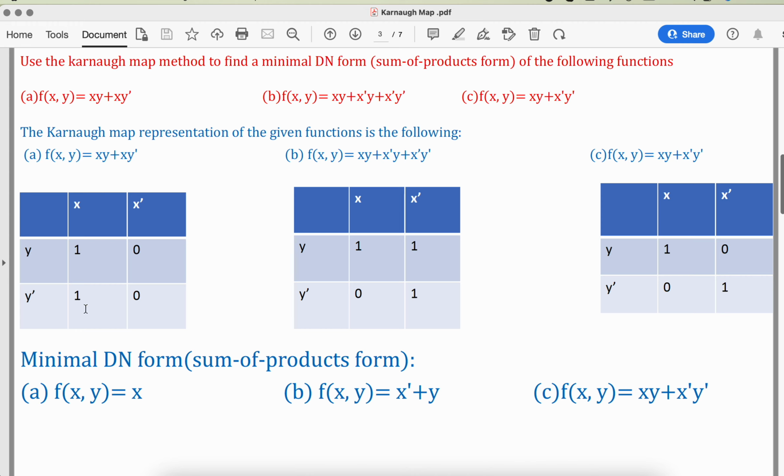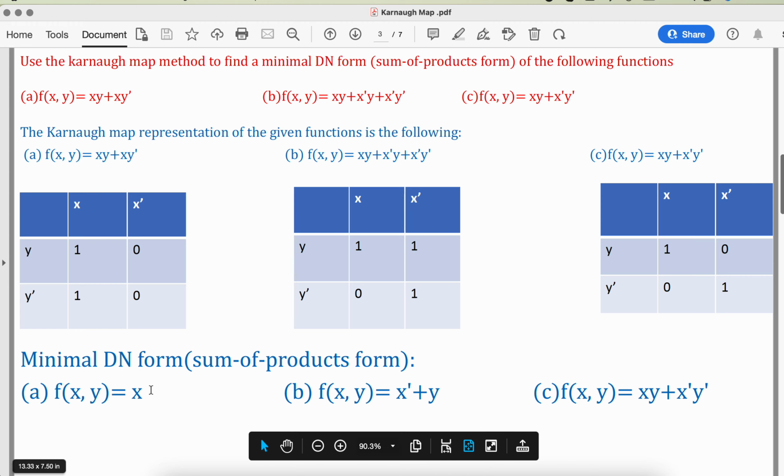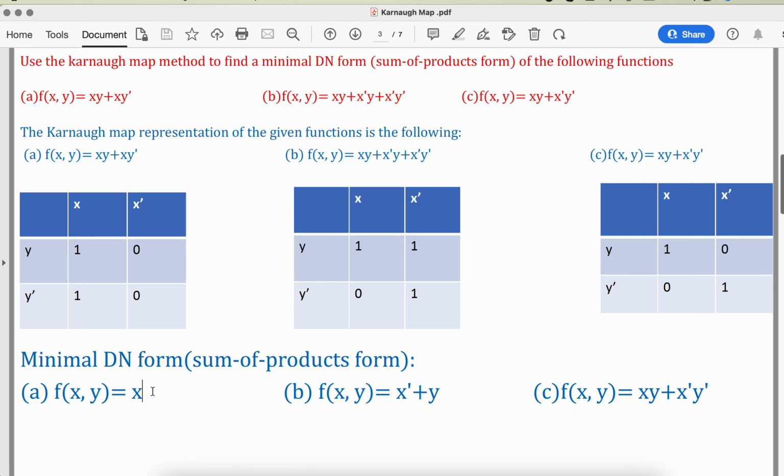So this gives only x, because in the top row of this vertical rectangle we have x here. So this xy plus xy dash is equal to x in minimal disjunctive normal form or sum of products form.